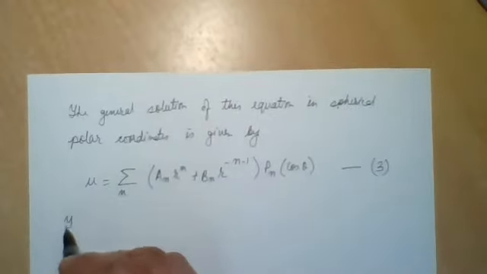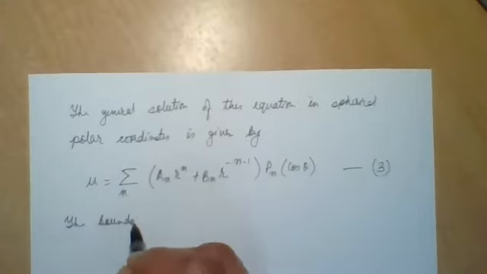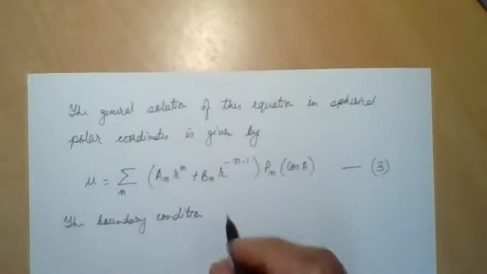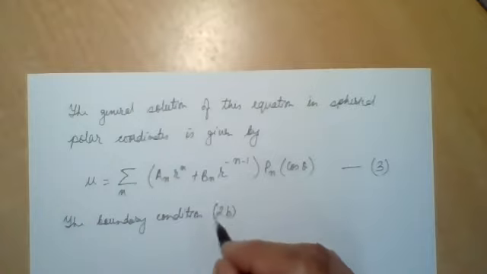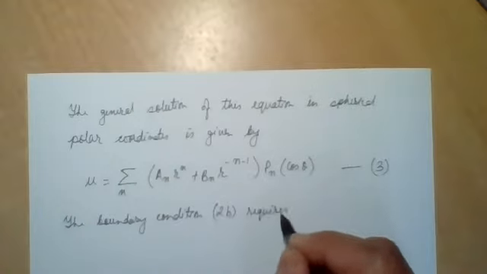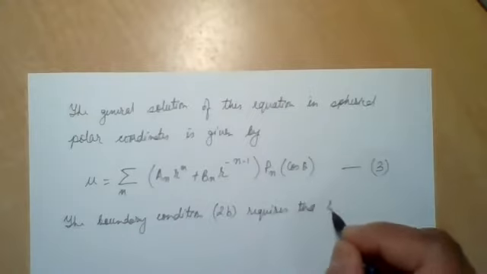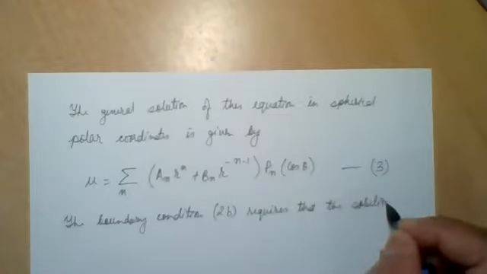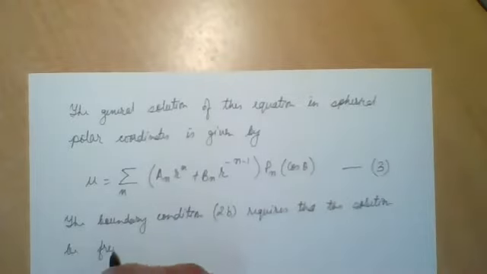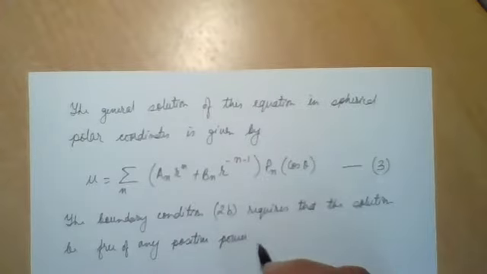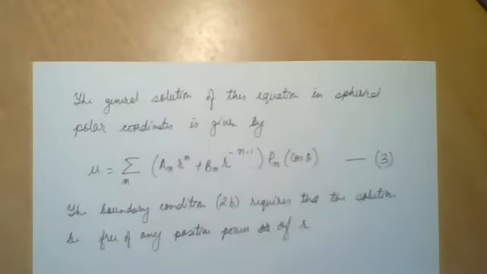The boundary condition 2b requires that the solution be free of any positive power of R. Okay, let us see the boundary condition once again.